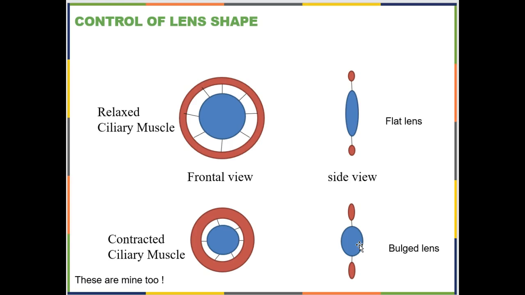This gets a little confusing because this is one of the few times when a muscle is actually going to lengthen and cause something to move. Usually we're used to, with our skeletal muscle, contraction equals movement, but now it's the relaxation that is actually pulling the lens flat. So let's get back to how your eye works for distant versus close-up.